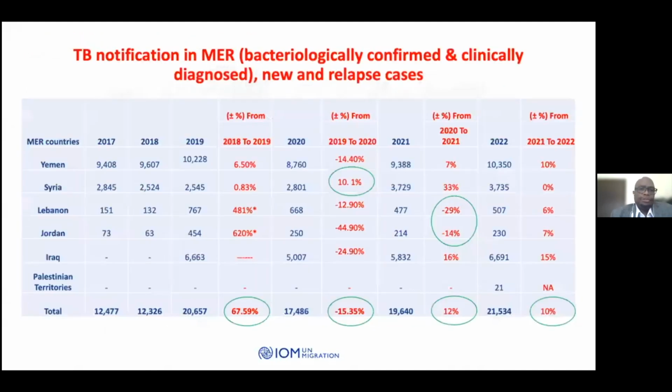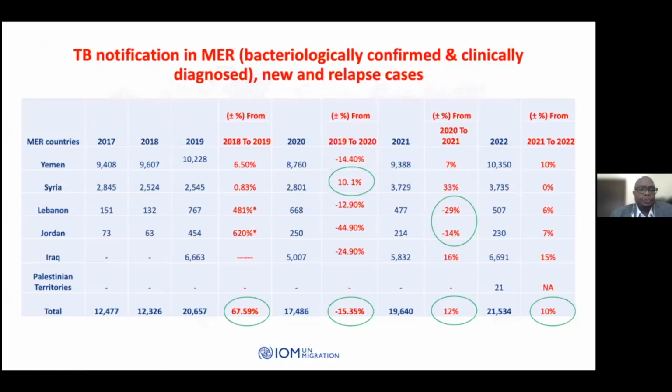This slide gives you a snapshot of what we're talking about in terms of TB notification. And of interest here will be that if you look at this closely, there is an overall cumulative increase in notification over the years. And this is in no small part due to the role of the project in increasing notification.